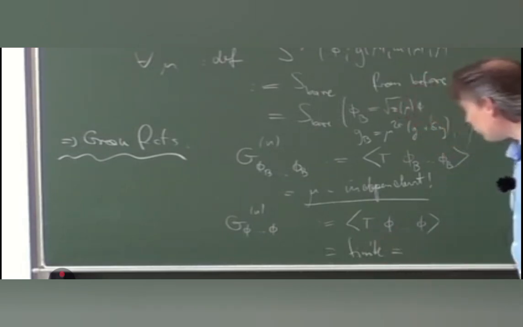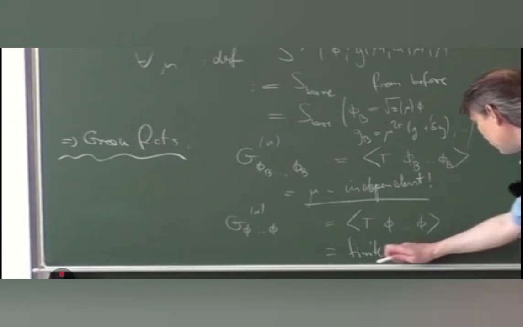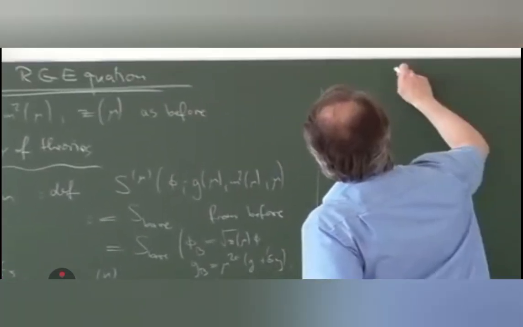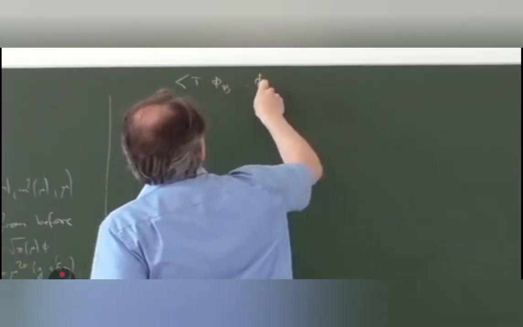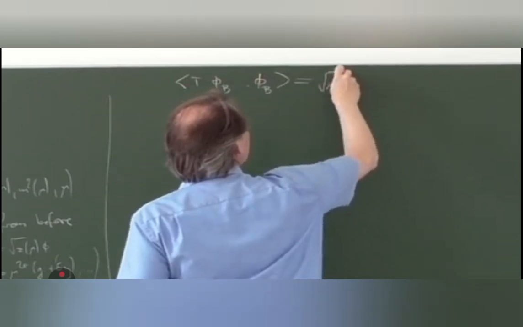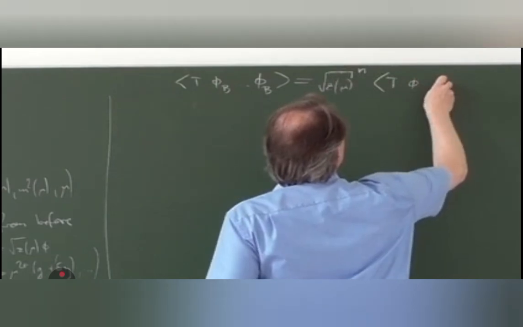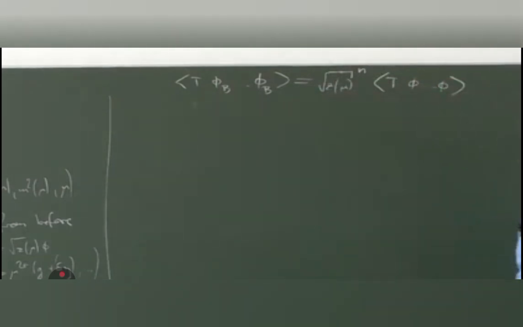But also it is clearly related to the bare green functions because the fields only differ by a normalization. So maybe let's write the opposite relationship, which is nicer. These bare green functions are of course square root of small z of mu to the power n times the renormalized green functions, because that is the simple relation between the field operators.